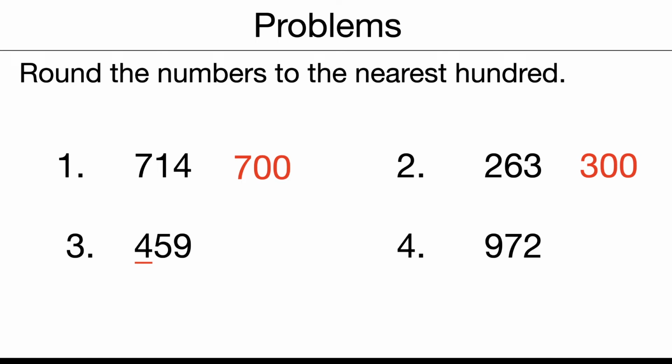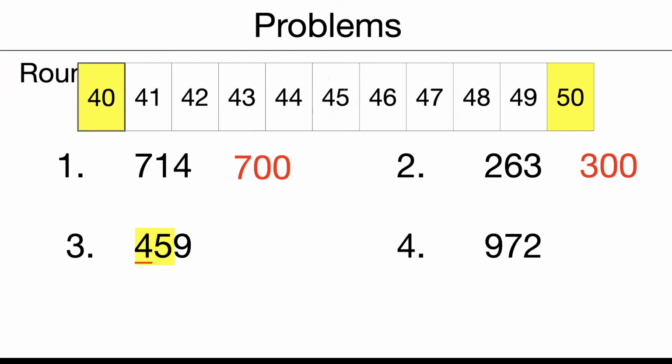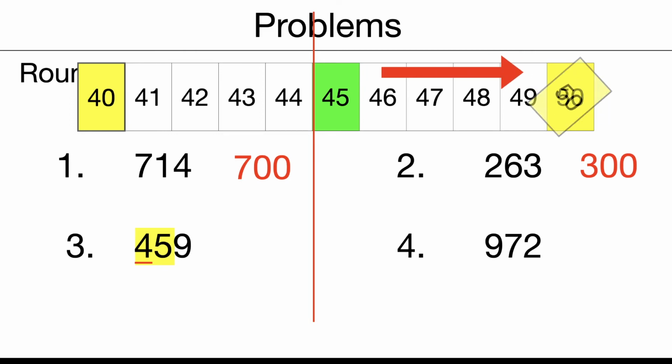Number 3, 459, we underline, box. The 45 on our rounding chart, that's going to be our 5 rule, remember? So that's going to round up by rule. 45 rounds to 50. The 9 pops into a 0. We would say that 459 rounds to 500.